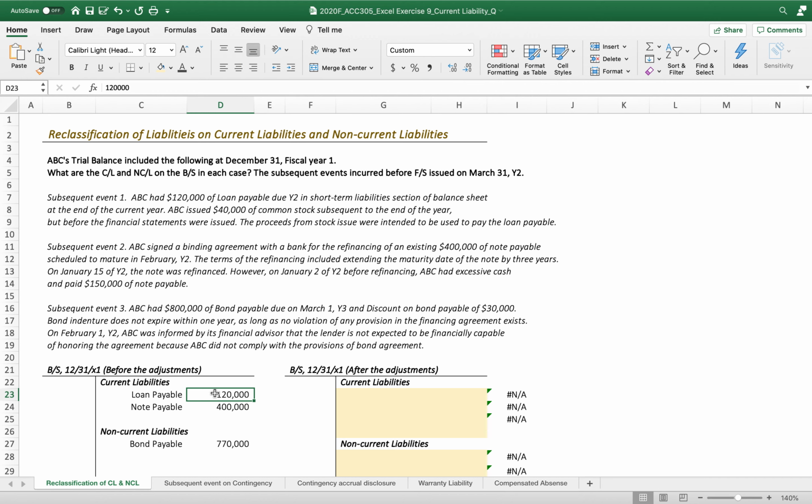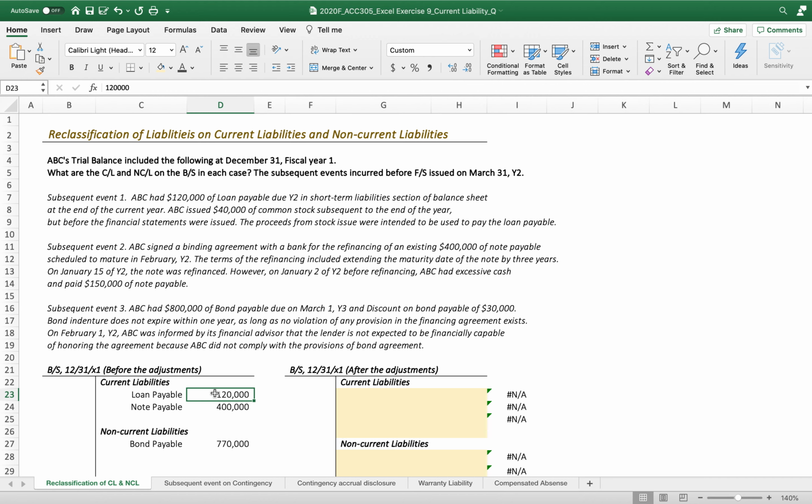ABC issued $40,000 of common stock subsequent to the end of the year, but before the financial statements were issued. The proceeds from the stock issued were intended to be used to pay the loan payable.